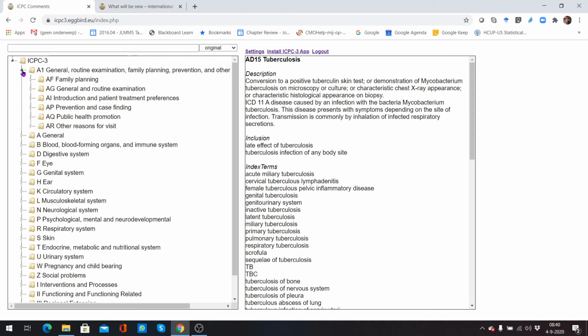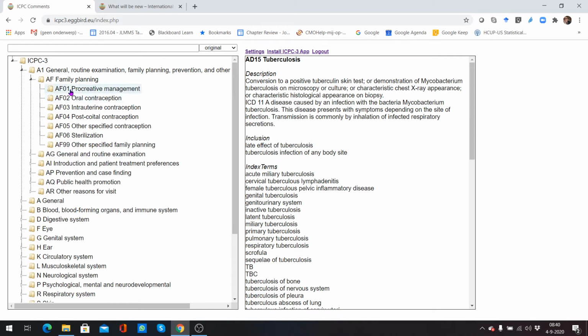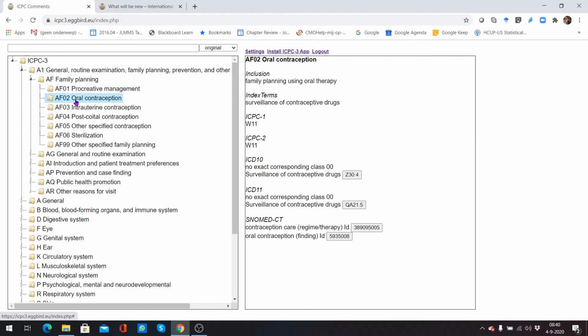If we look at the components in the chapter, indicated by 2 digits, they are about family planning, general routine examinations, etc. Again, if you click on one of them, like oral contraception, you can see that the components are populated by classes with 4-digit codes.